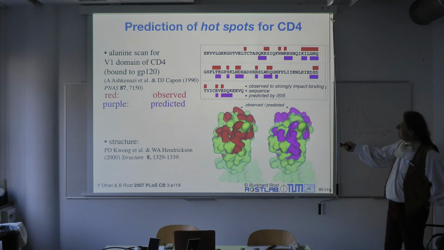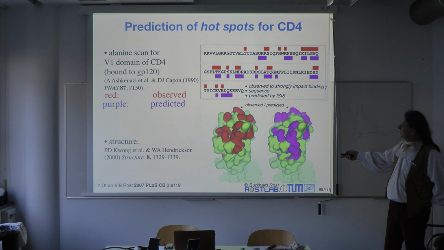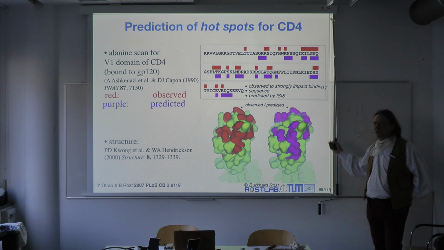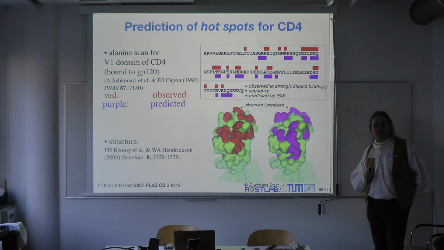Sometimes you miss one, this one is missed. Sometimes you over-predict, this one is over-predicted. But overall you get the patches right, and overall this looks amazingly accurate. And again, the structure was not used for this prediction.